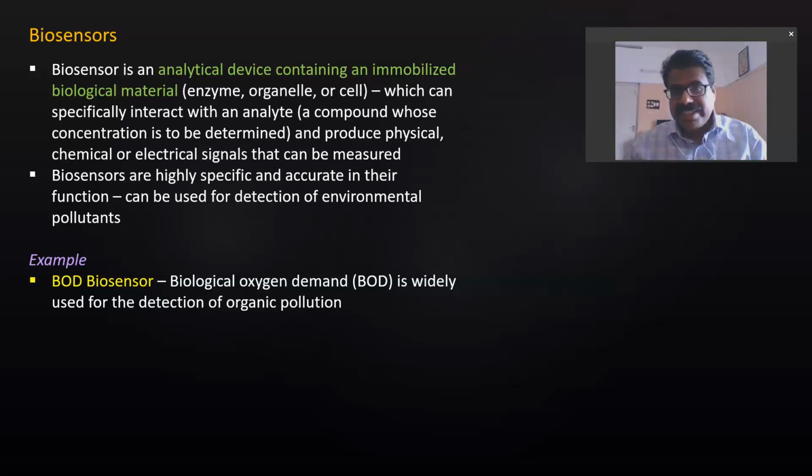We know that plankton and microorganisms are there in water and they use oxygen, while phytoplankton release oxygen. So how much oxygen is required to run this system? That is biological oxygen demand.